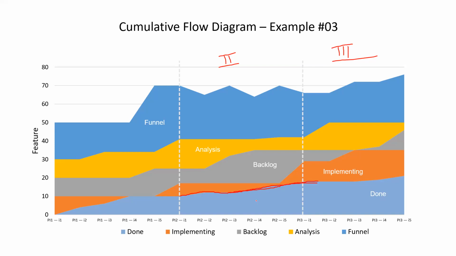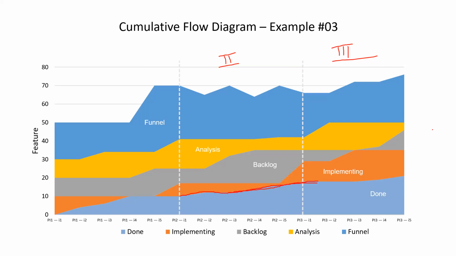Now, what happened in section 3? Section 3. Yeah, please go ahead. Yeah, the funnel is increasing. And there is a little bit of analysis that has increased from the funnel. And backlog got reduced, which is really good.